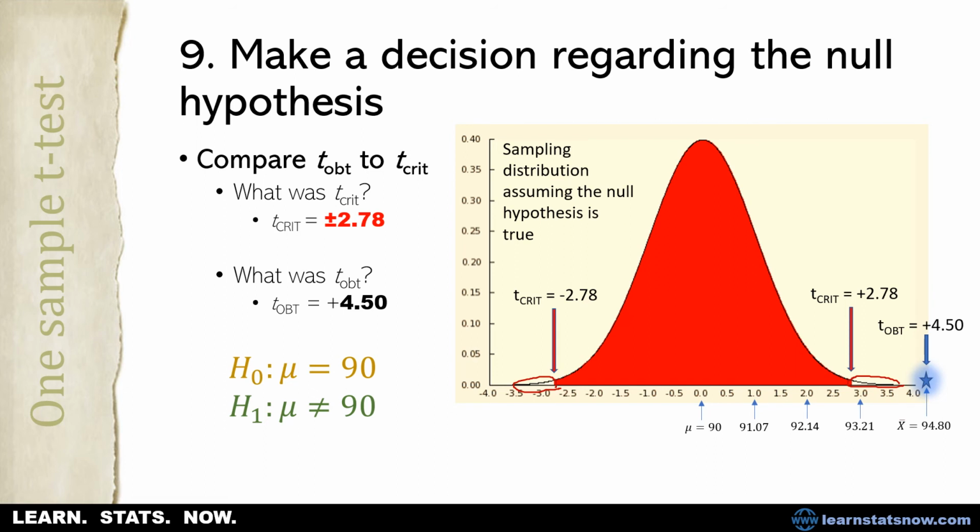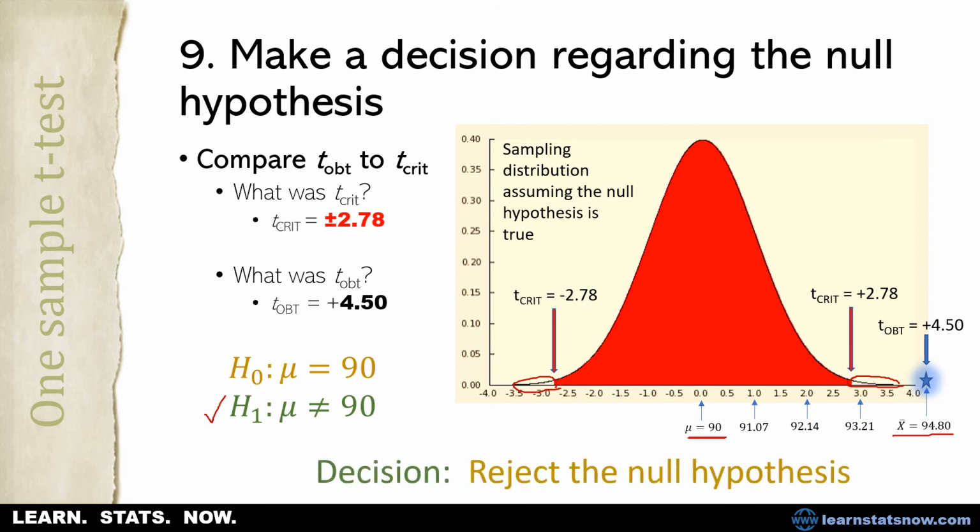Well, this sample mean, we can tell for sure, is so far from the population mean of historical averages that it's unlikely to have been drawn by chance, or it's unlikely to fall that far away from the population mean due to sampling error. So the alternative hypothesis seems to be supported, and we are justified in rejecting the null hypothesis.